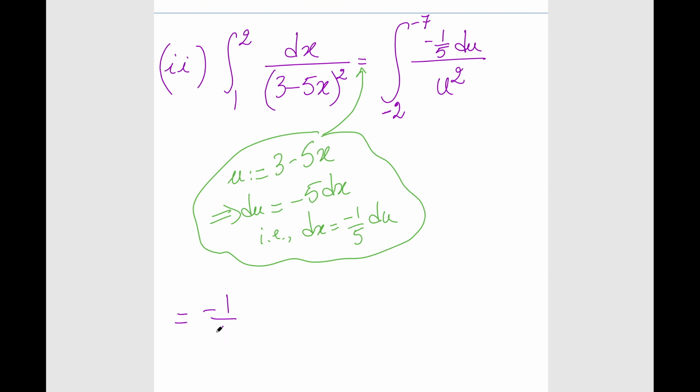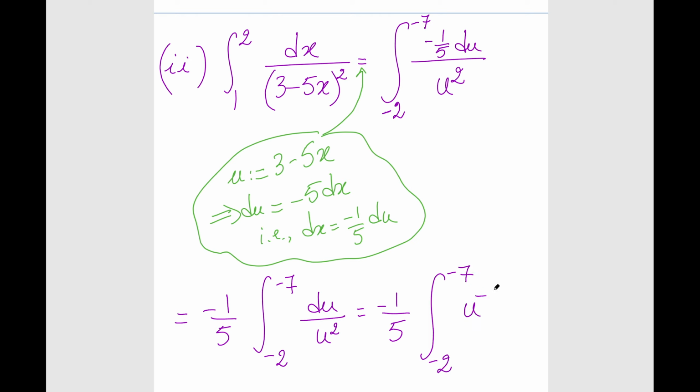And that's minus 1/5 integral from minus 2 to minus 7 of du over u squared, which is minus 1 over 5, integral from minus 2 to minus 7, u to the power negative 2 du.